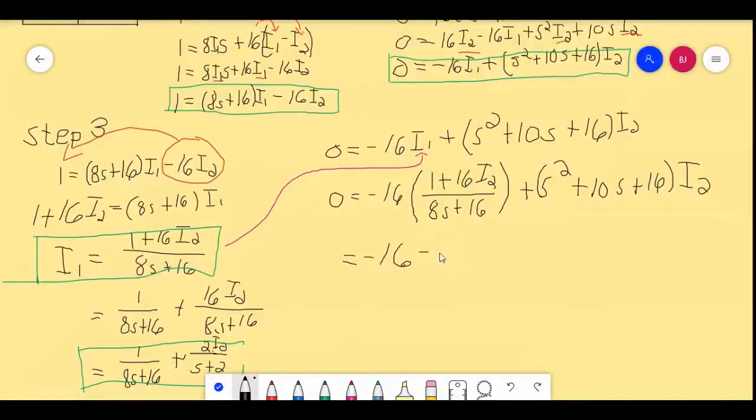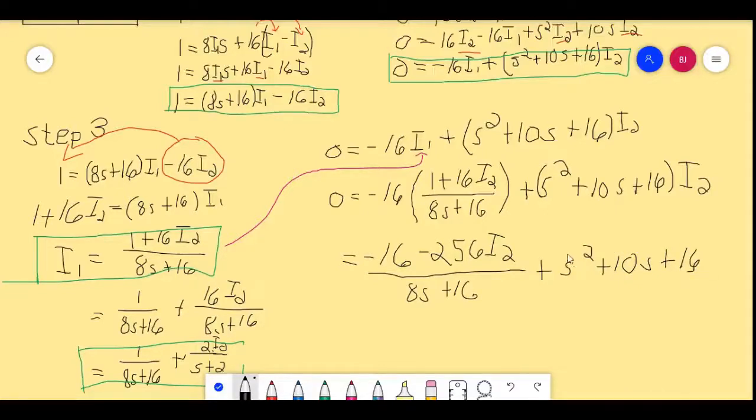So this would be minus 256 I2, all over 8s plus 16, plus s squared plus 10s plus 16, quantity I2.